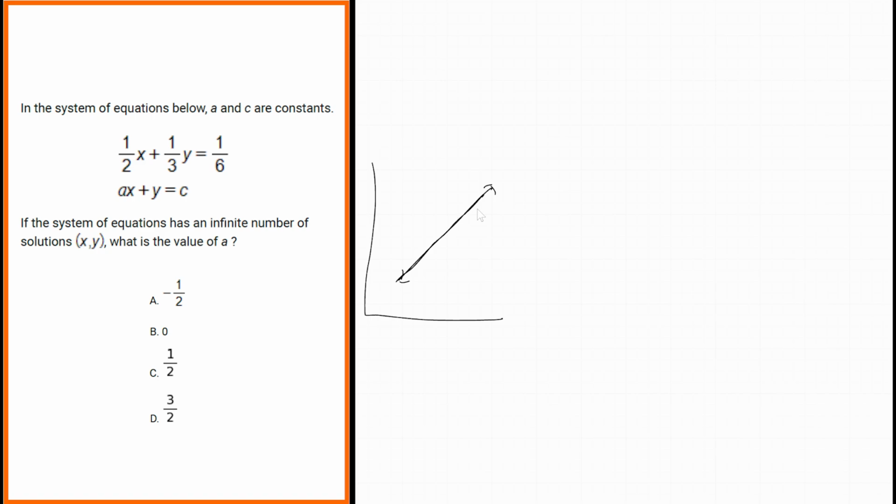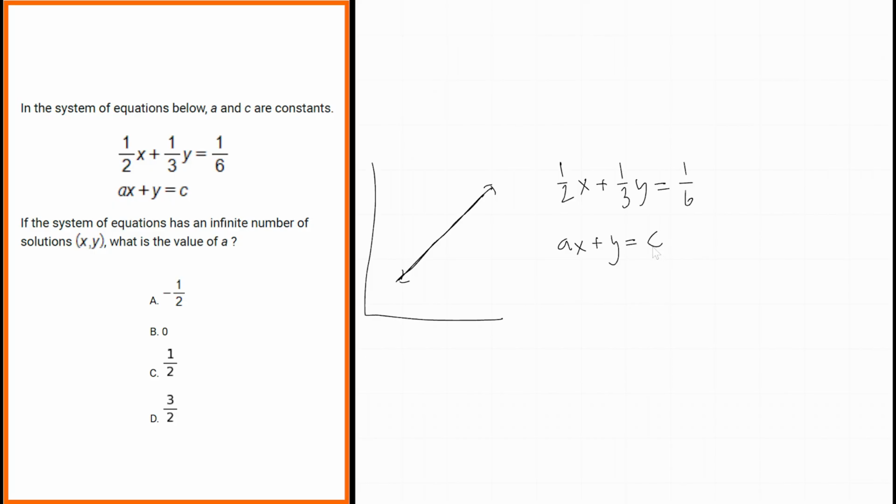In other words, there are infinitely many solutions. So we'll write these equations down. We have 1/2 x plus 1/3 y equals 1/6, and ax plus y equals c.